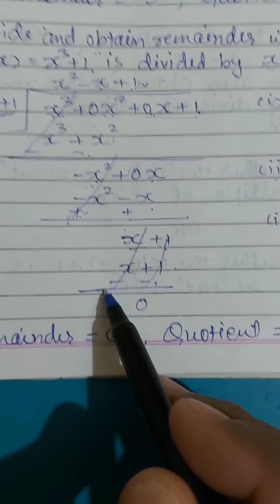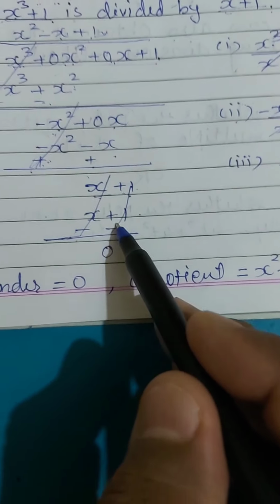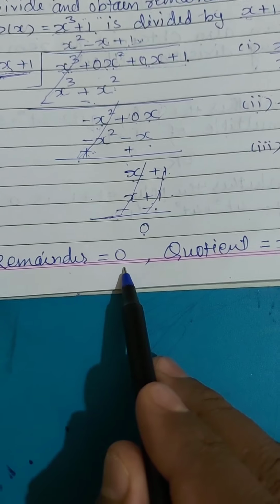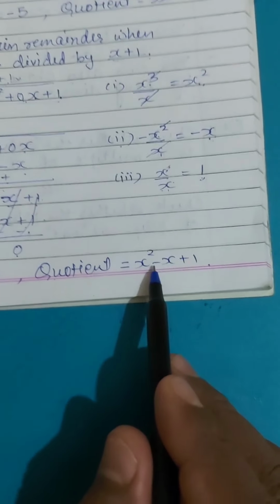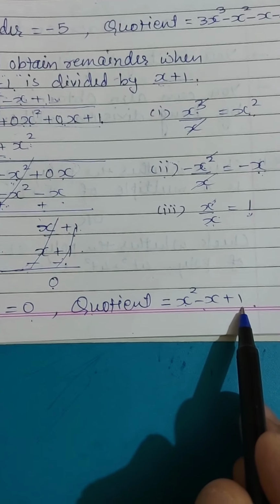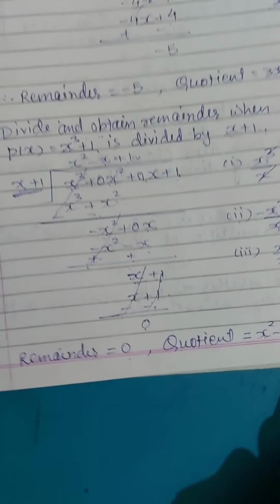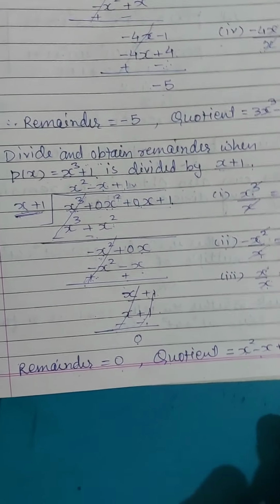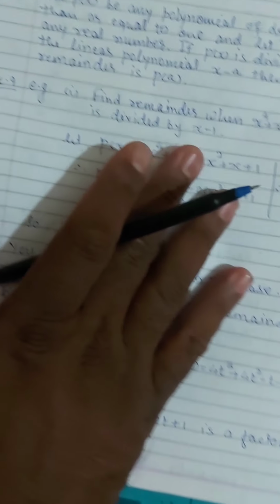X and x get cancelled. Plus 1 minus 1 is 0. So you can check the remainder is 0 and the quotient is x square minus x plus 1. Right? I hope now you understand how this division, that is the long division method, works. Right? Okay.